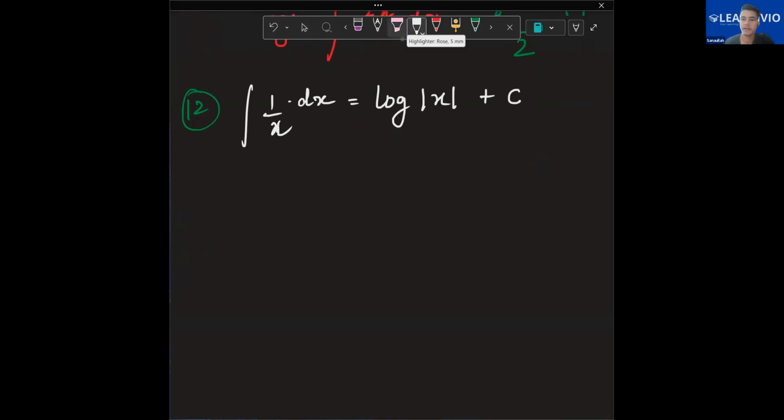Because log x का डेरिवेटिव 1 over x होता है, so this is integration of 1 over x dx is log of mod x plus c.